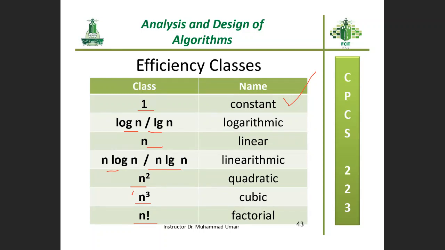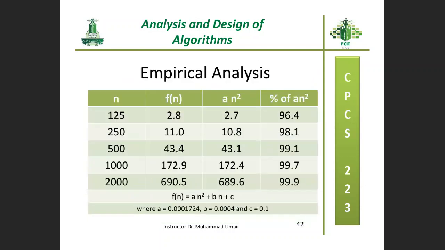I think you missed some important thing: this f of n function is dependent on this complete factor, so it will never happen that only this portion will produce more than 100%. Is that clear? We are comparing the function with the contribution of an square.